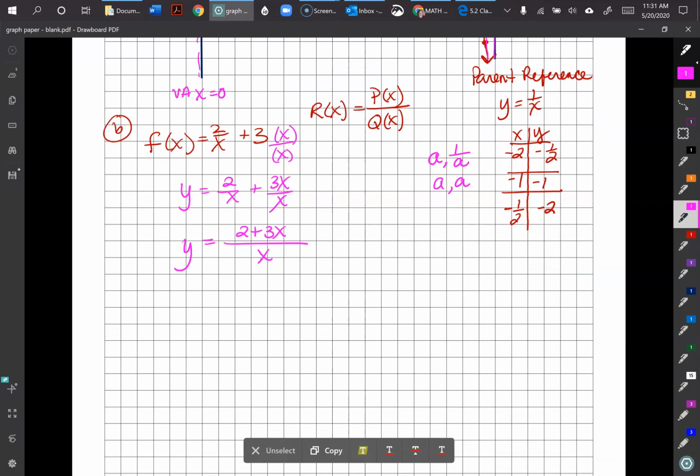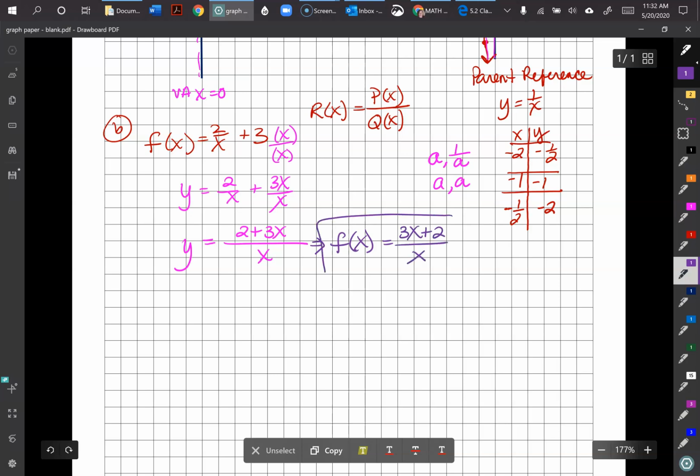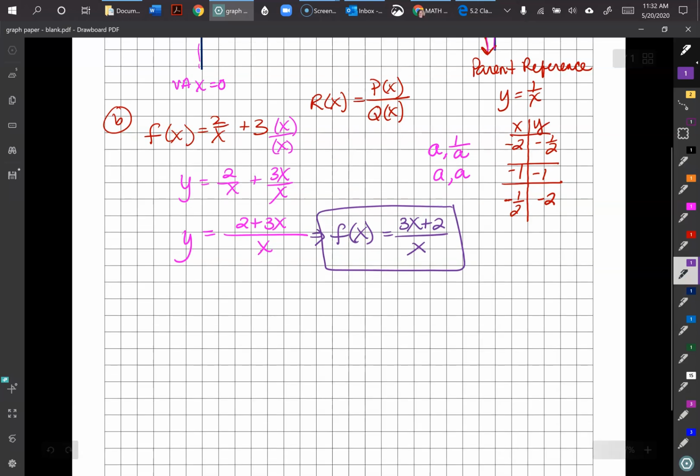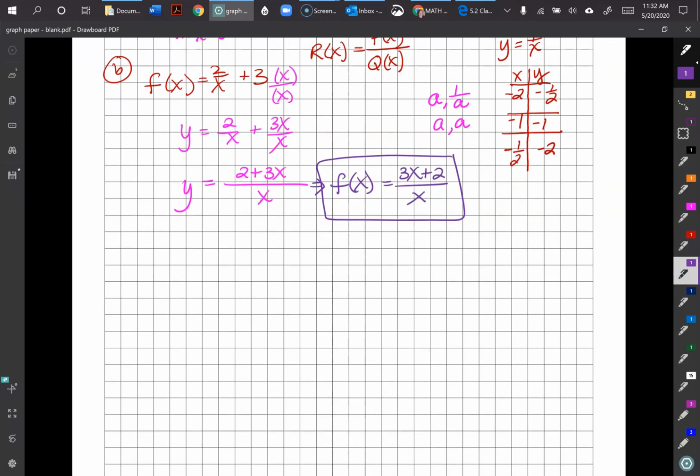And we just want to rearrange this now to be in descending order. So we would have 3x plus 2 over x. So that's the same fraction. It'll come out to be the same graph, but we're going to look at the local behavior and the global behavior. So we're just doing the same thing in a different way.